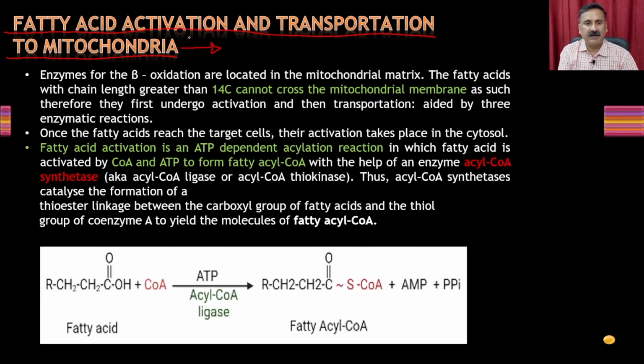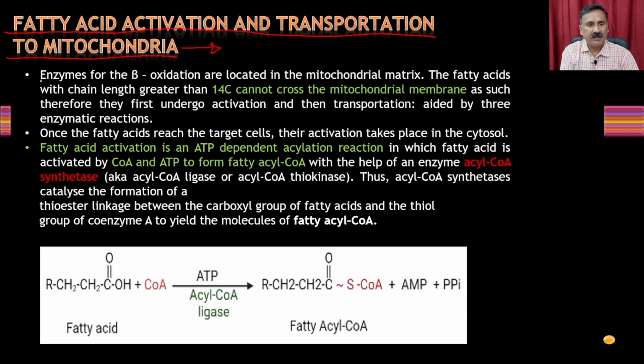The same is true in the case of beta oxidation. You have to activate the fatty acids so that they are committed for energy production, and then they will be transported into the mitochondria. The enzymes for beta oxidation are located in the mitochondrial matrix. A fatty acid with a chain length greater than 14 carbons cannot cross the mitochondrial membrane as such.